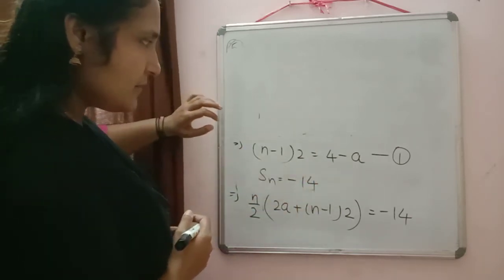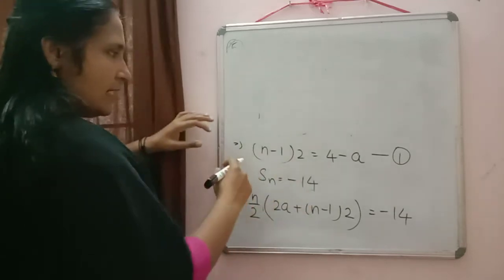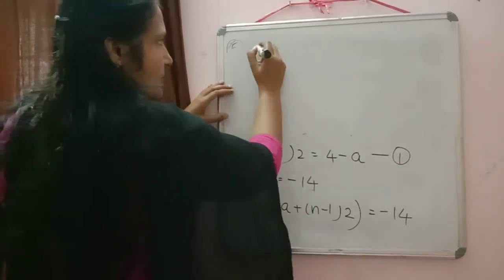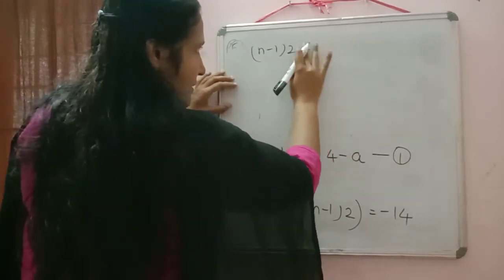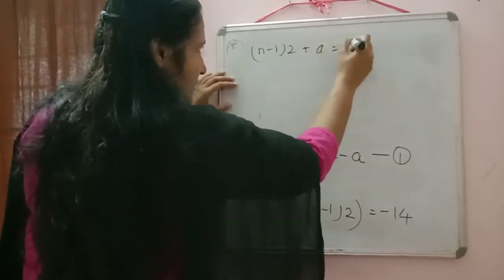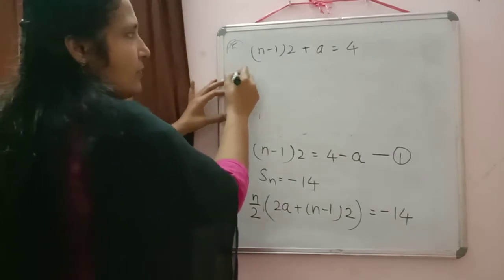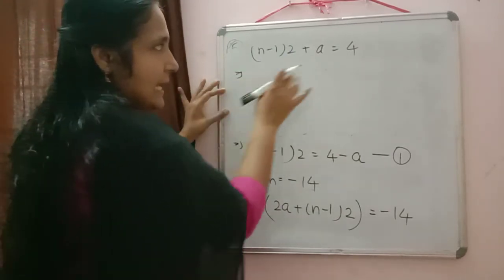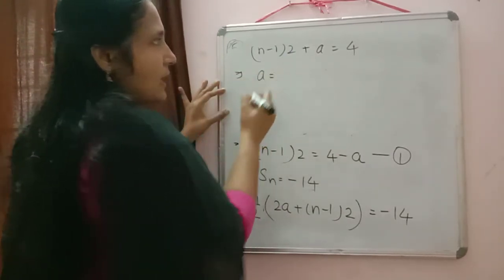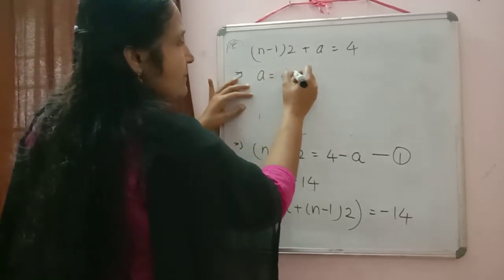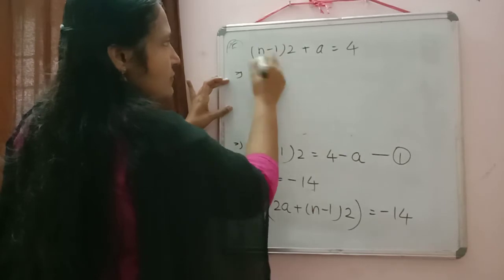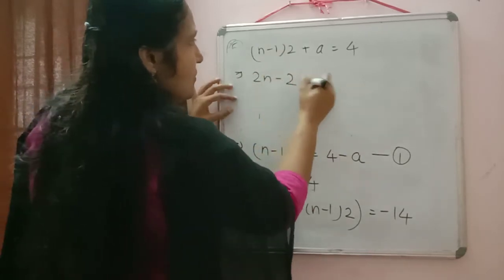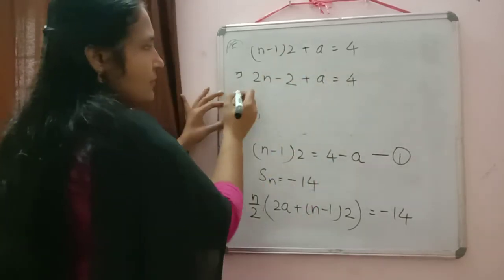So from the first equation, a again I am shifting to the left-hand side, so it will be (n minus 1) into 2 plus a is equal to 4. Now I am going to write a in terms of n. Instead of writing directly, first you multiply here, otherwise you will get confused. 2n minus 2 plus a is equal to 4.